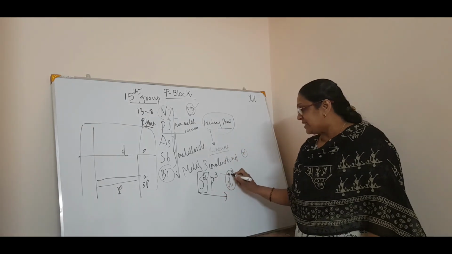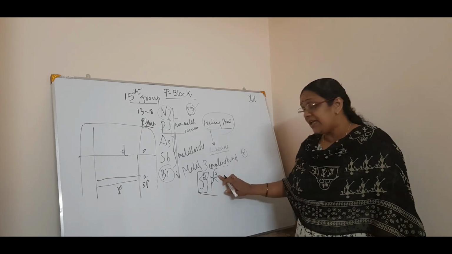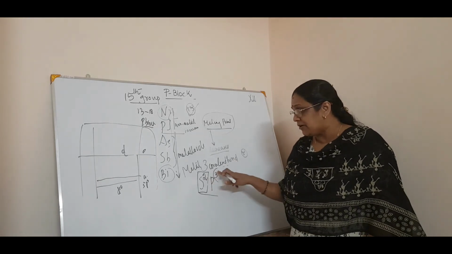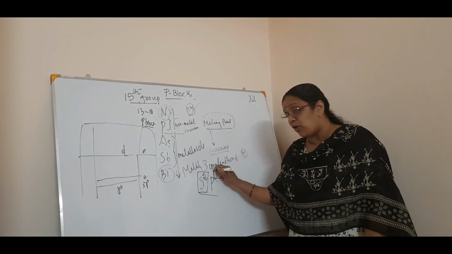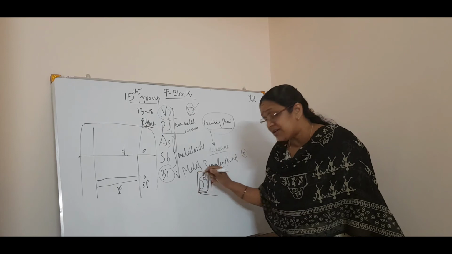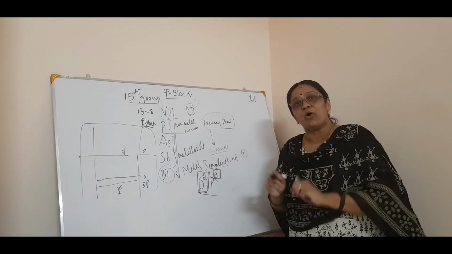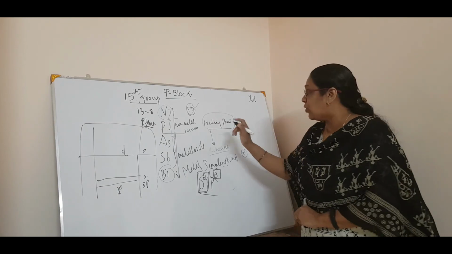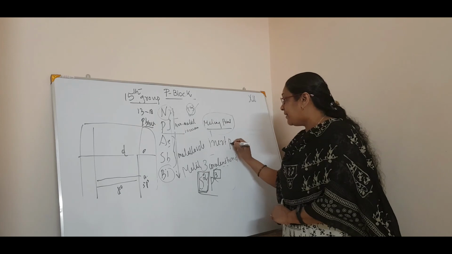That is why they form 3 covalent bonds. Instead of 5 covalent bonds they can make, they only make 3, making this s2 inert. They do not take part in bonding, and you call it the inert pair effect.